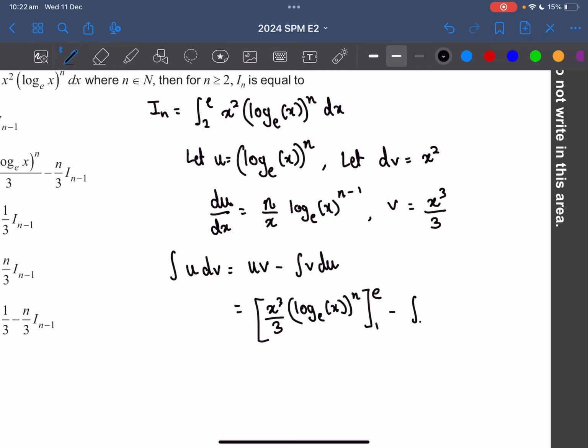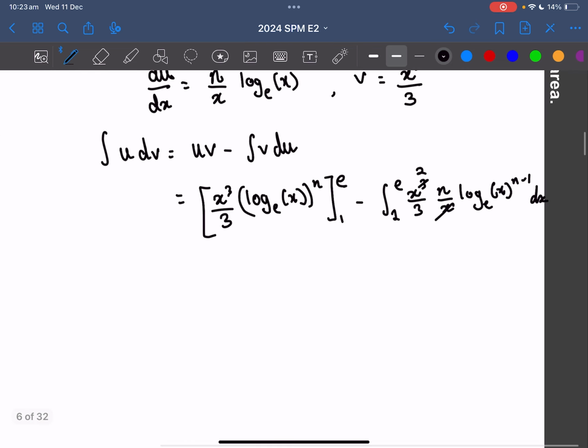That will be from 1 to e. V is x cubed on 3, and then du is going to be n on x times (log base e x) to the n minus 1 dx. So this and the x term would cancel out, giving us x squared.